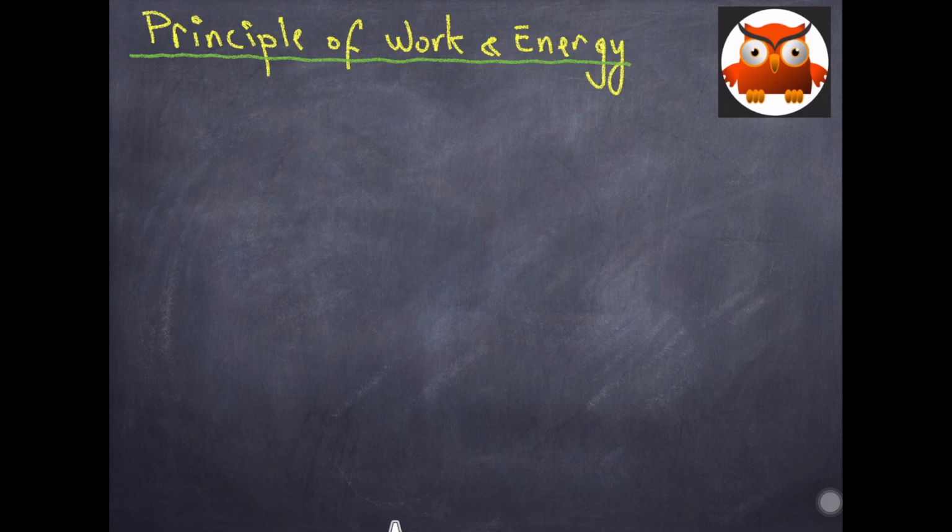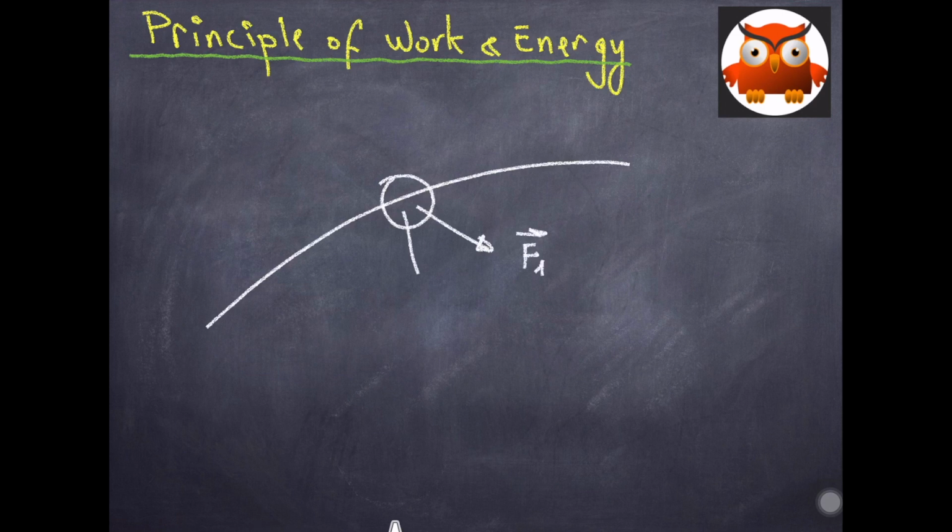Now let's talk about the principle of work and energy and how to derive it and how to apply it in later lessons. So imagine a particle that is moving along, say, this path. And the particle is subjected to different kinds of forces. So maybe we have one force here, another force here, and another force here, and so on.